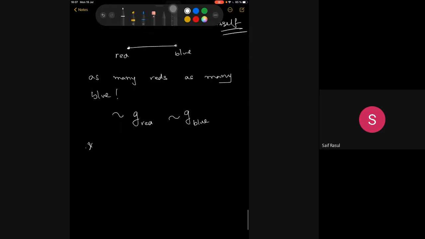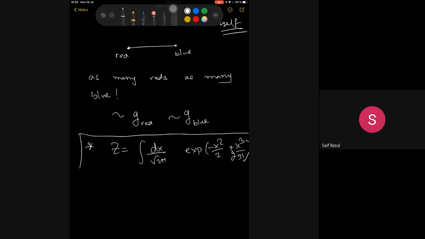And as a reminder, for the one variable case, our function was like this: x cubed, we had a G, 3 factorial. This function generated all my cubic vertices.